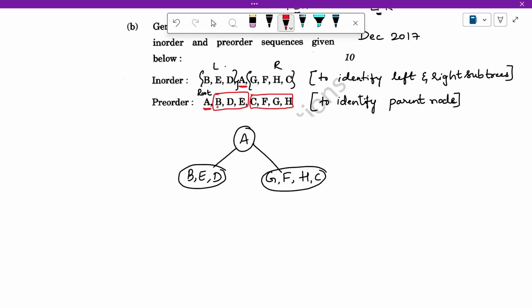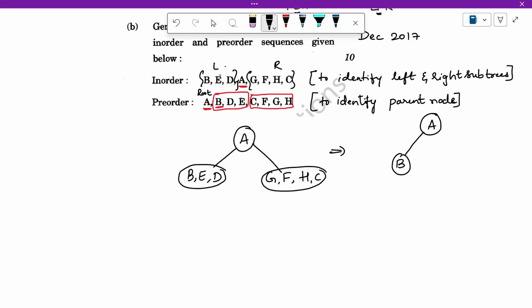In this, B is first, so that becomes the parent node. So the next diagram is A remains as it is. In this BED, I am identifying the parent node. The parent node is the one that comes first in the preorder. Among BED, the one that appears first is B. Therefore, B is the parent node for the left subtree.